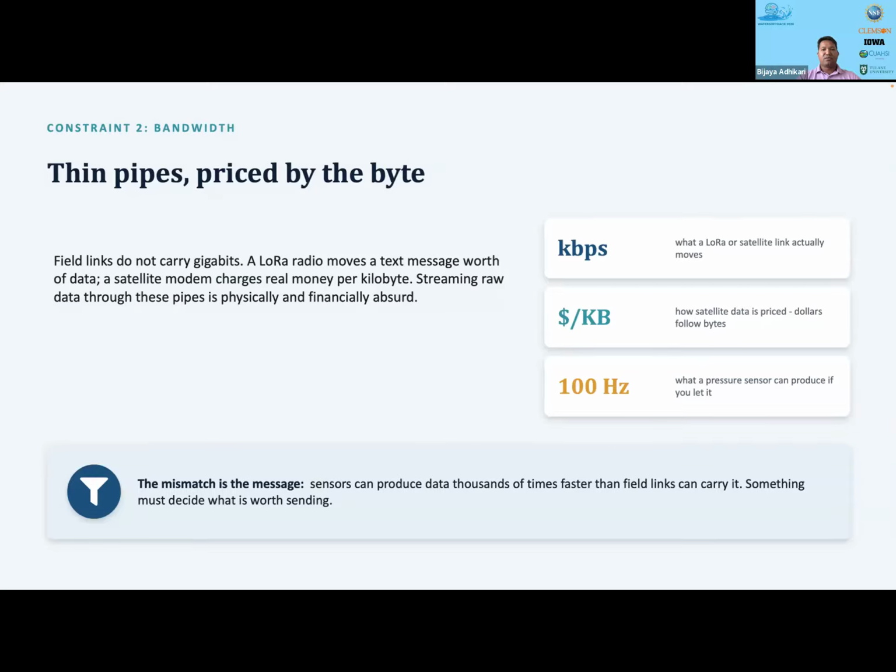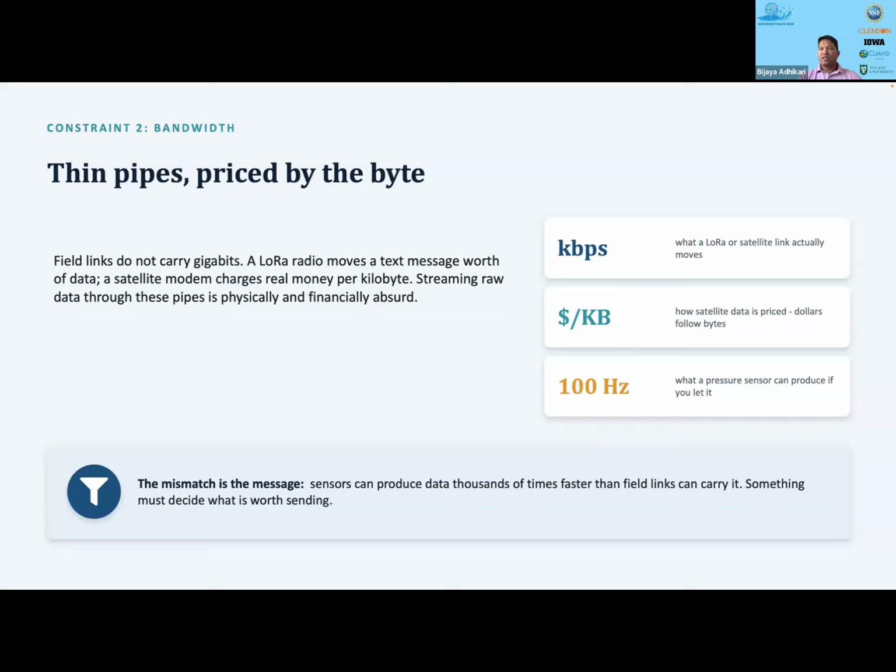Either we throw away the information blindly by reducing the sampling rate. You cannot send everything, so send, say, every thousandth number. That is risky because you may miss the most important numbers. Or we put some intelligence at the sensors to decide what matters, and then we send that.